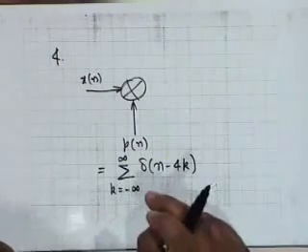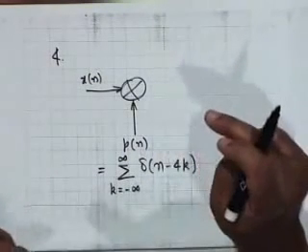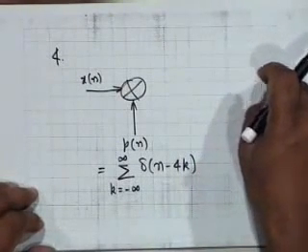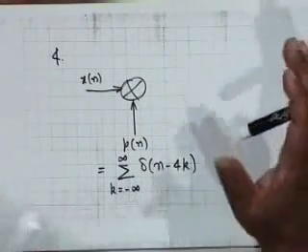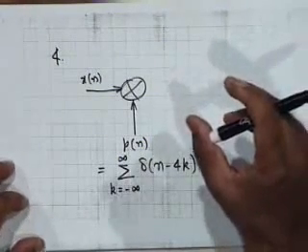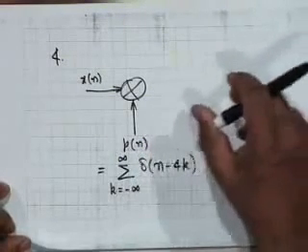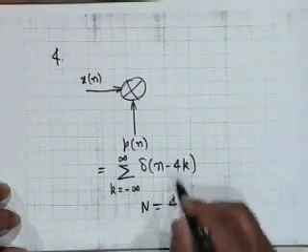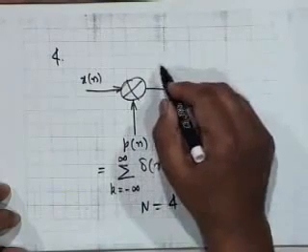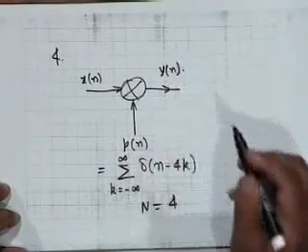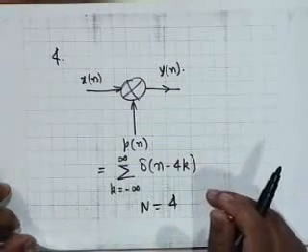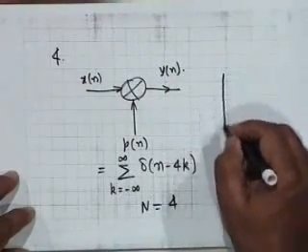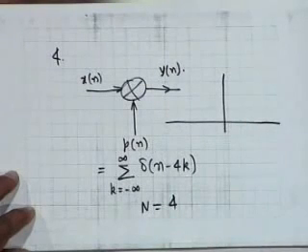That means there is a pulse at n equal to 0, n equal to 4, n equal to 8, and so on. Nothing appears at n equal to 1, 2, and 3. So it is a periodic function with a period capital N equal to 4. This is the output y of n, and what you are required to find out, the Fourier transform of x of n, that is the spectrum of x of n, is given like this.